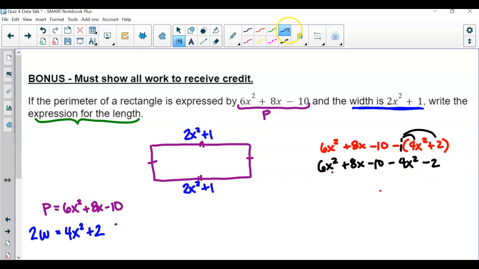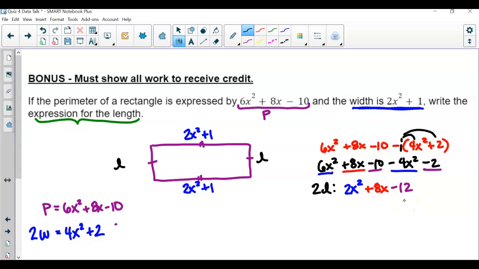Then combining like terms, I've got 6x squared minus 4x squared, which is 2x squared. Then there's no x term except for 8x, so I'm going to bring that down. Then here I've got negative 10 minus 2, negative 12. But that represents both of the lengths. Because remember, that is just one length and that's the other length. So that's both of them combined.